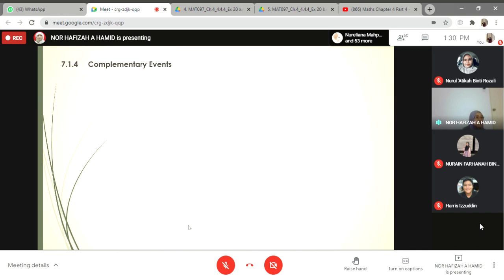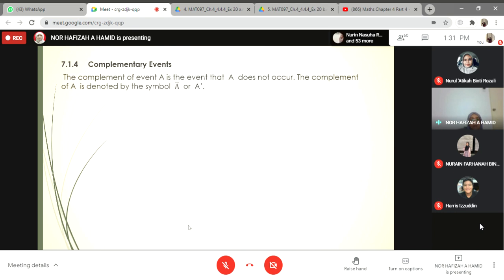Okay, so saya nak masuk 7.1.4 complementary event. So the complement of event A is the event that A does not occur. So the complement of A is denoted by A bar or A prime.